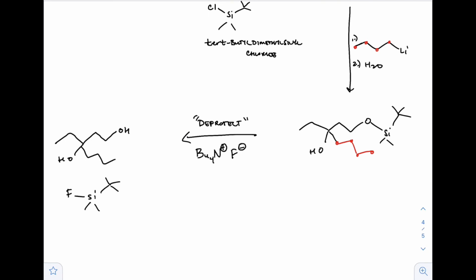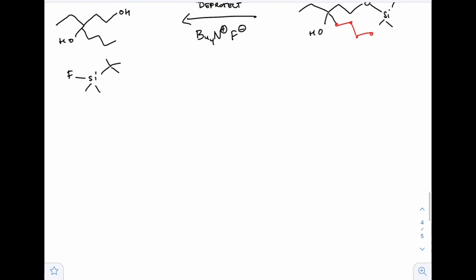You get your alcohol back, and you also get this Si-F bond right here. It's really just attacking the silicon, and then there you go. You get your desired compound. So if you do have an alcohol that would be reactive, what you want to do is protect it first with the silyl ether. Okay.